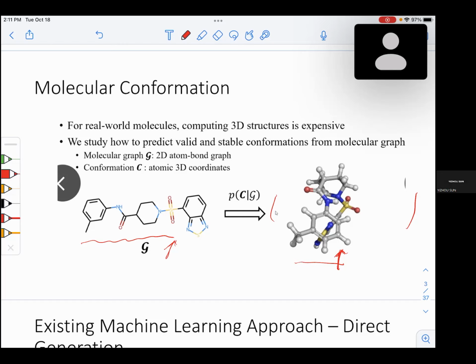2D topology. Yeah, because the overall goal is just trying to generate the 3D coordinates which make sense to the 2D input.